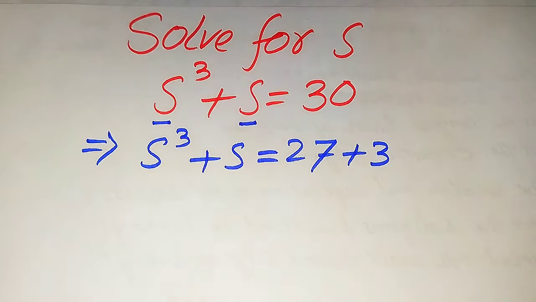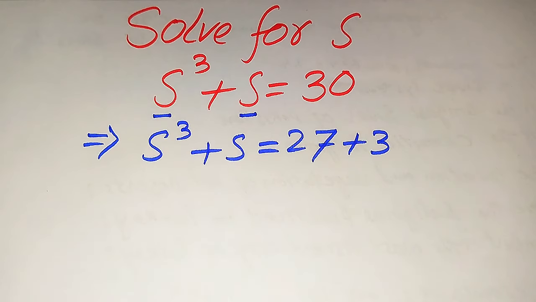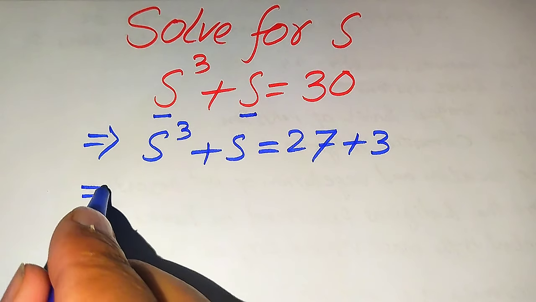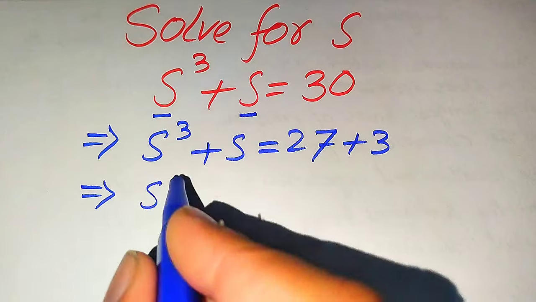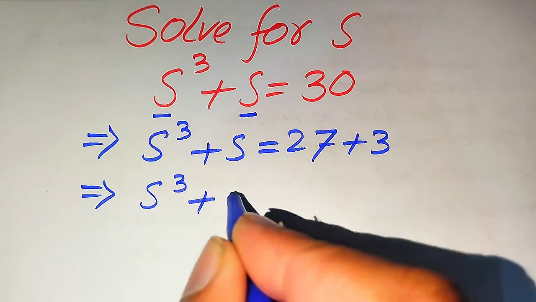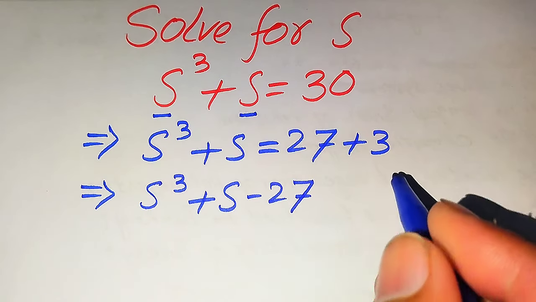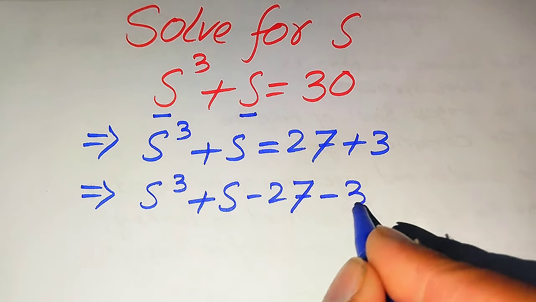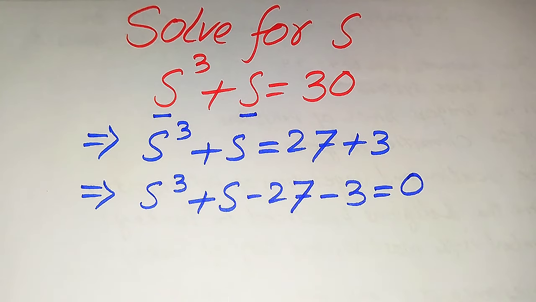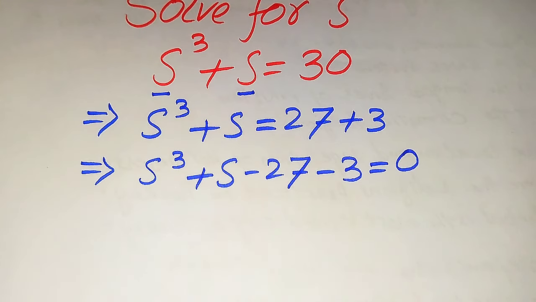Okay, so further in the next step we need to move both of these two values from the right hand side to the left hand side, and it will be written as s cubed plus s. This 27 becomes minus 27 and this plus 3 becomes minus 3, and this whole equation is equal to 0.